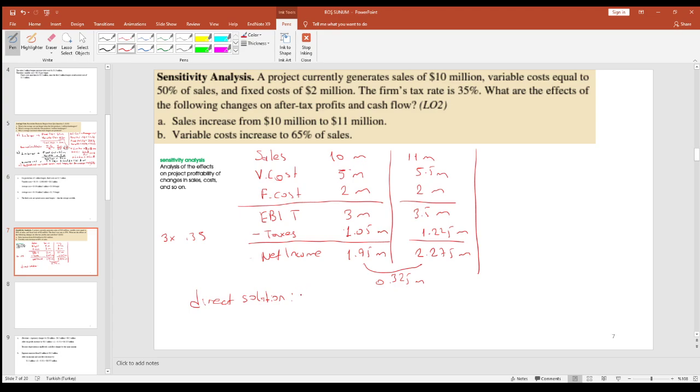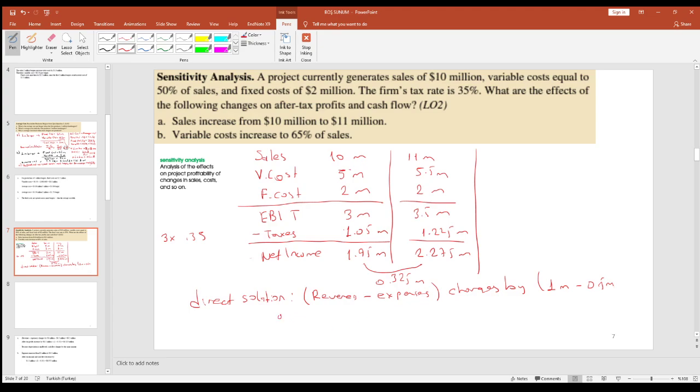In logic, if we take the difference between revenue and expenses, this changes by 1 million. Revenue changes by 1 million, and expenses change here, as you see, 0.5 million.